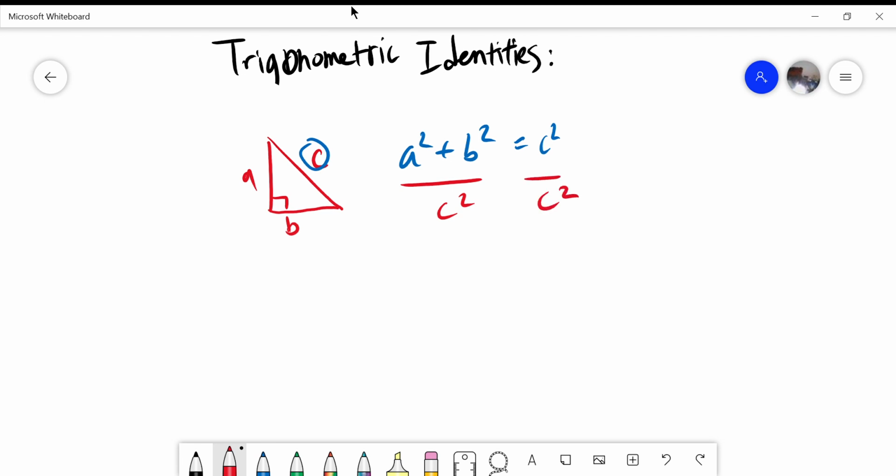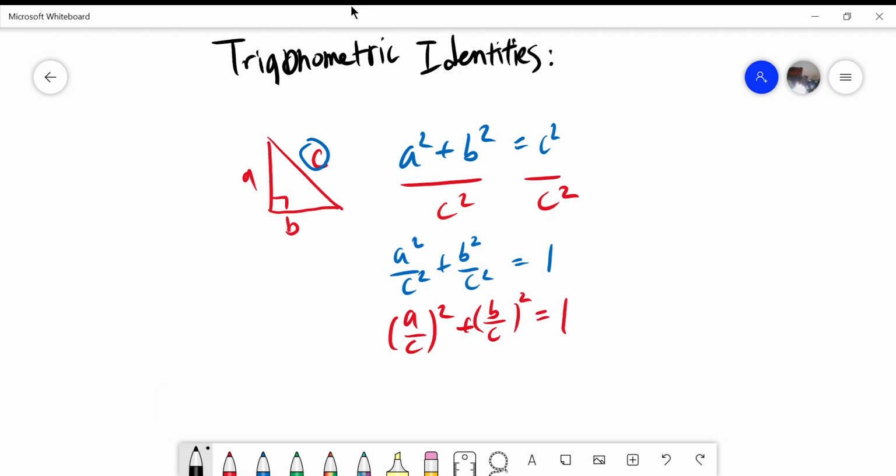And we will find that a squared over c squared plus b squared over c squared equals 1. And you know that from exponent laws, when both the numerator and denominator are raised by the same power, it's the same as a over c squared plus b over c squared equals 1.